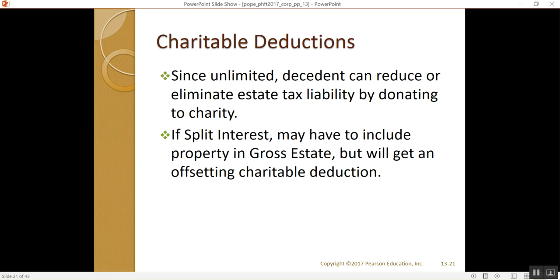So effectively, you could end up reducing your estate taxable base down to zero and not have a tax on your estate return at all. And you could see that there's some planning around this as well that the decedent's estate could take advantage of, in that they could choose to donate as much of the decedent's estate as possible in order to drive the estate tax down to zero.